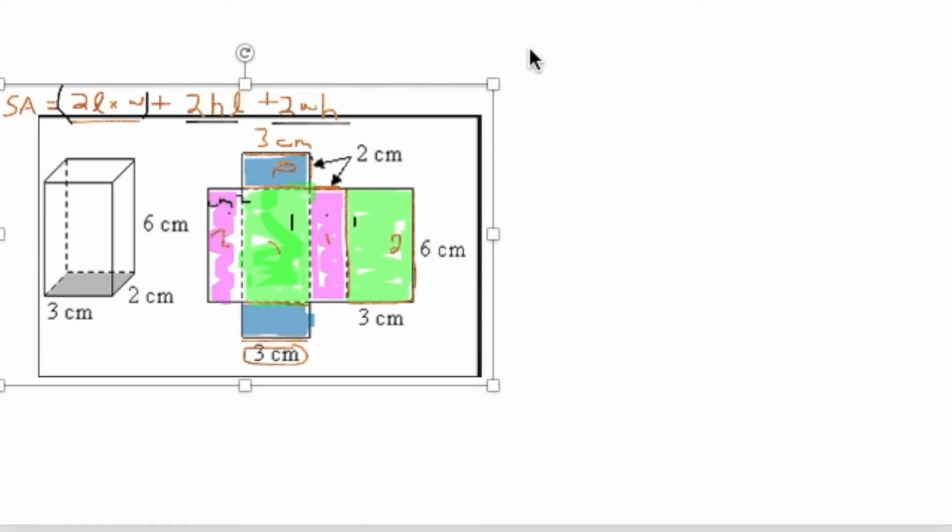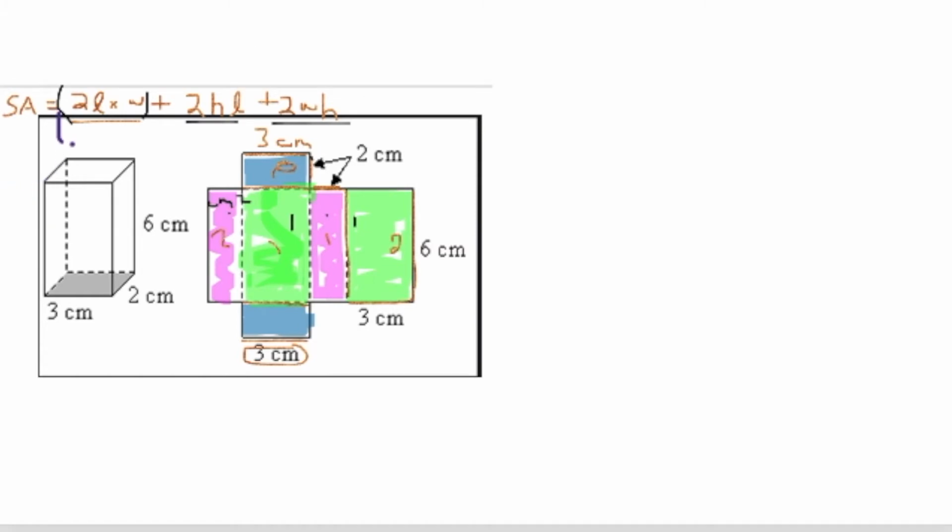This is my formula. So I'm going to now insert all my numbers. We're going to look at this one first, the one at the bottom here, and it covers both blue spaces. So I have 2 times the length, which is 3 centimeters, times the width, which is 2 centimeters.